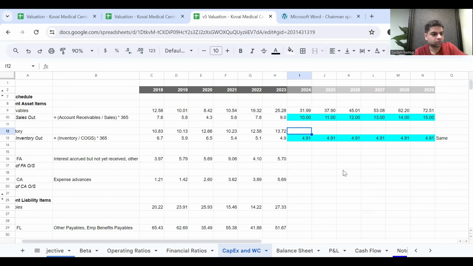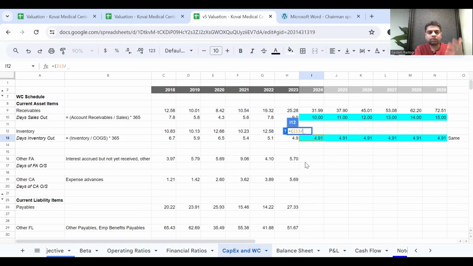Now let's use this inventory days outstanding. If you want to know what these terms mean, I've covered them at length in the financial statement analysis video of this very company.